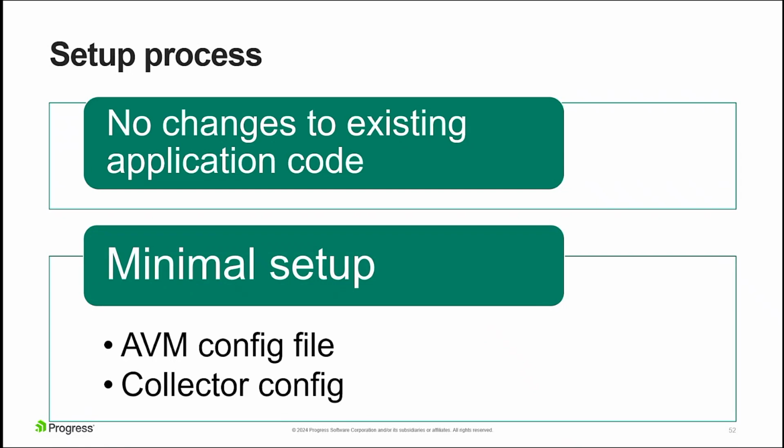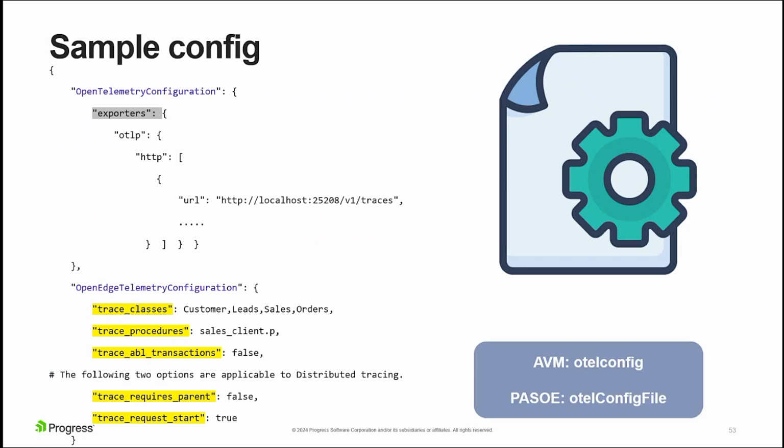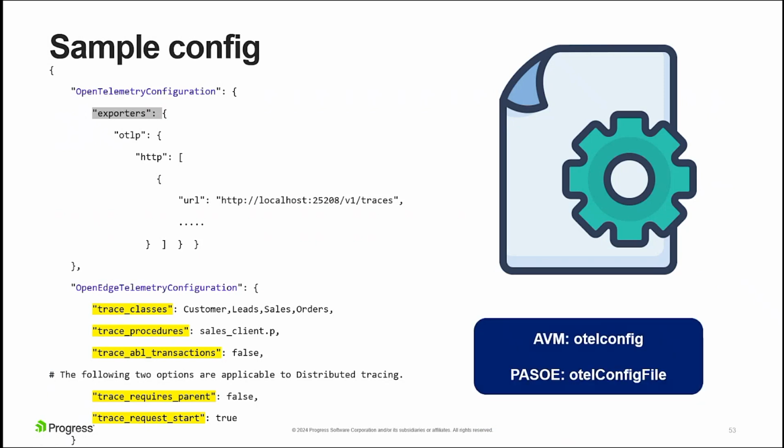All you have to do is run your code with a new startup parameter named -otelconfig. That's the only thing we need with respect to configuration. So here is a sample config file. As mentioned before, for a normal AVM client, we use -otelconfig as the option.